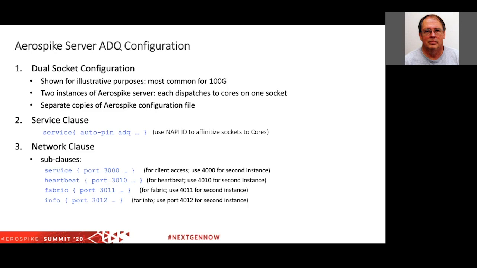There are several auto-pin settings, and I don't really have time to go into that, but ADQ is the one that, for those service threads and the socket associated with each of those service threads, is going to use the NAPI ID for the affinitization, and that's what ties the userland service thread to what's going on in the kernel in the drivers.